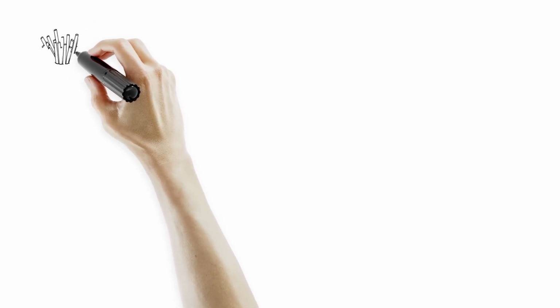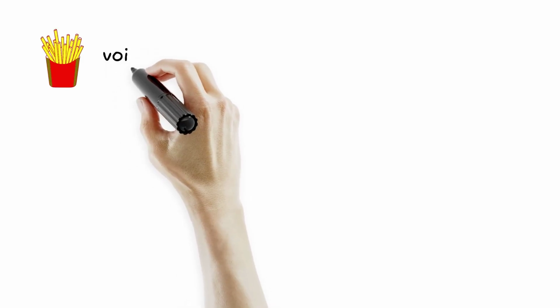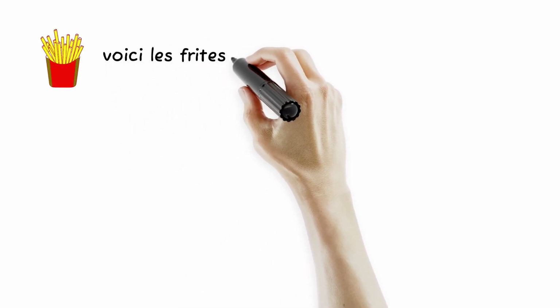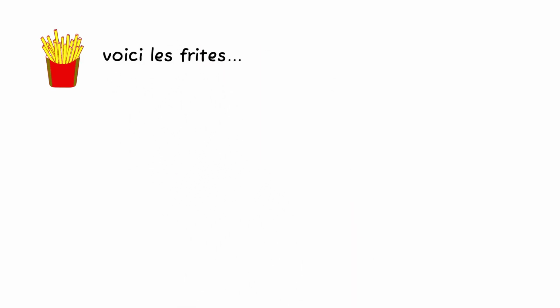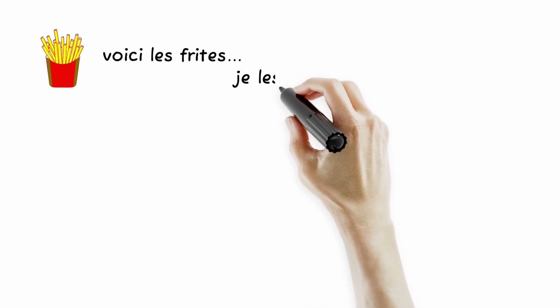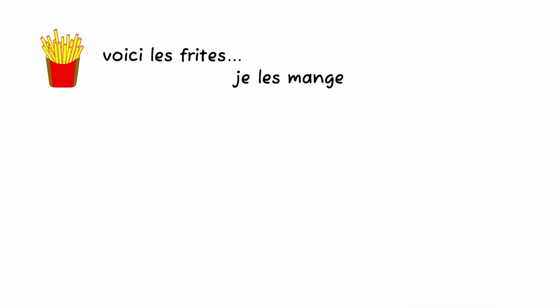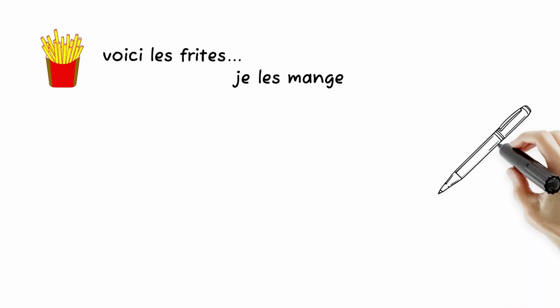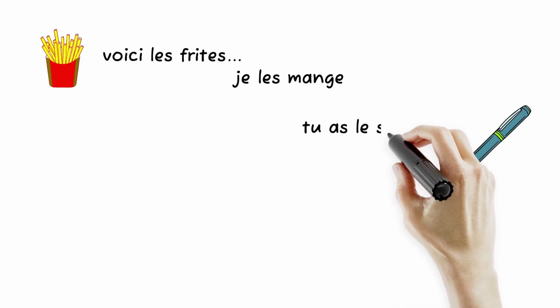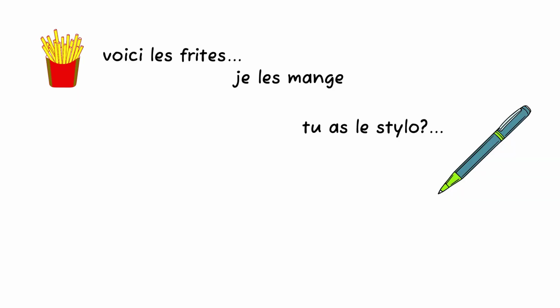So let's have a look at some sentences in action, and some context to how we might use this. So voici les frites, here are the fries. We don't want to repeat the fries again, so we're going to say je les mange, I am eating them. Rather than saying here are the chips, I am eating the chips, we just want to say here are the chips, I am eating them. Same here, tu as le stylo, do you have the pen?